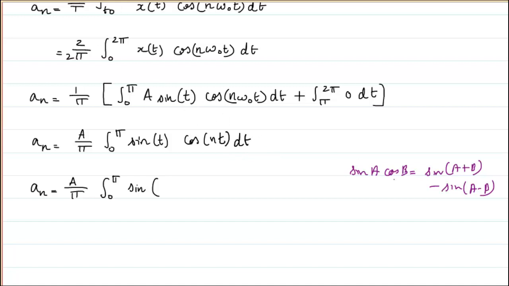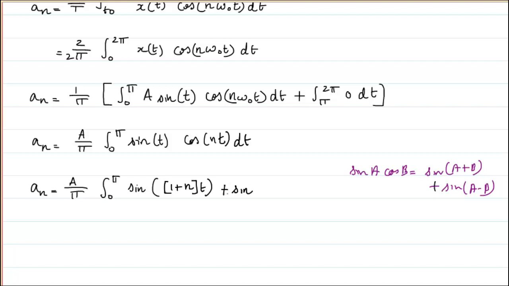Now if I am going to apply this one here, so sine a cos b is equal to sine t plus nt. T plus nt can be written as 1 plus n t. Okay, and then minus sine of a minus b. Not minus, it should be plus.